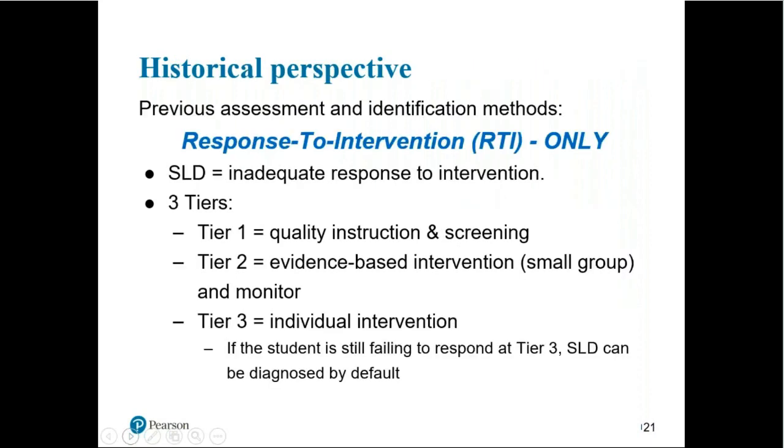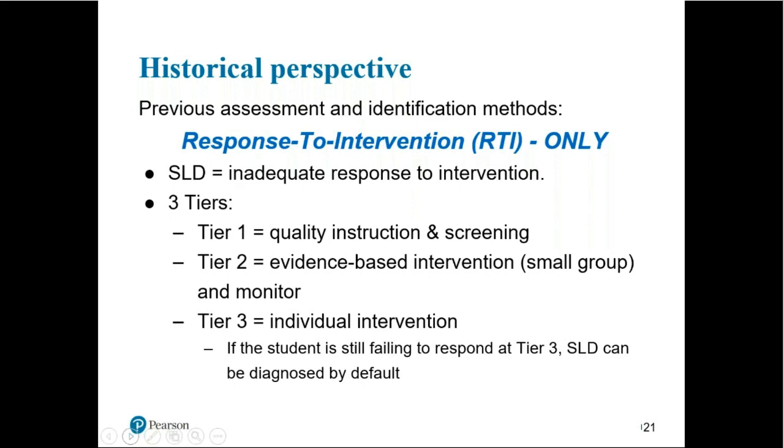Now, the RTI model is another way of identifying children with specific learning difficulties. This was developed following realisation that the ability achievement discrepancy model wasn't applied consistently across states or across jurisdictions. That's problematic in itself, but more problematic is the fact that it led to mis- and over-identification of children with specific learning difficulties.